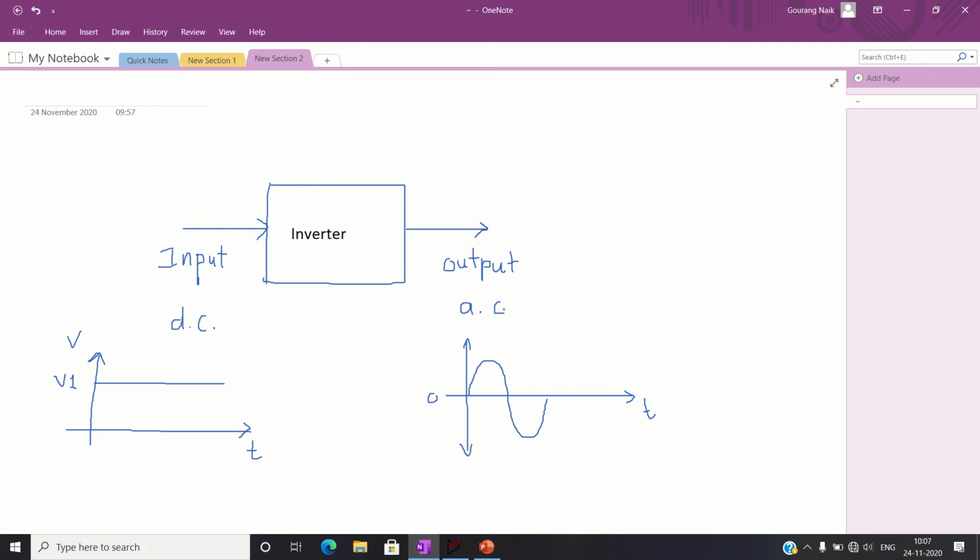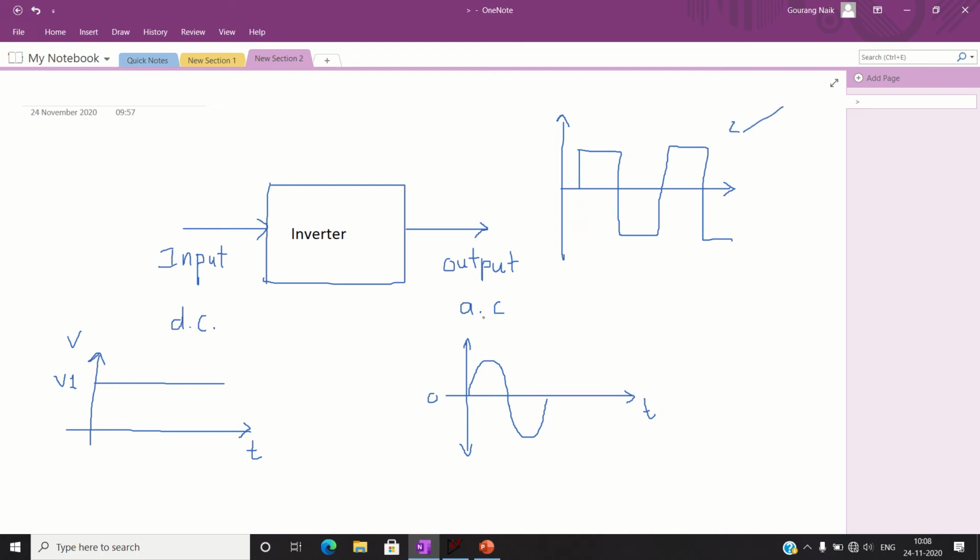But normally the direct output of an inverter may not be a pure sinusoid. You will get shapes like this. It could be like this. So it is going positive, then going negative, again going positive, and then again going negative. This is also an AC signal.